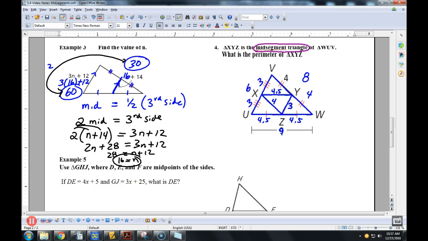If you notice, every single one of these triangles is congruent to each other. I have 4 congruent triangles by, well, what property or theorem? Side, side, side. Every single one of them has side lengths of 3, 4, 4.5. So those 4 triangles are definitely all congruent with each other.